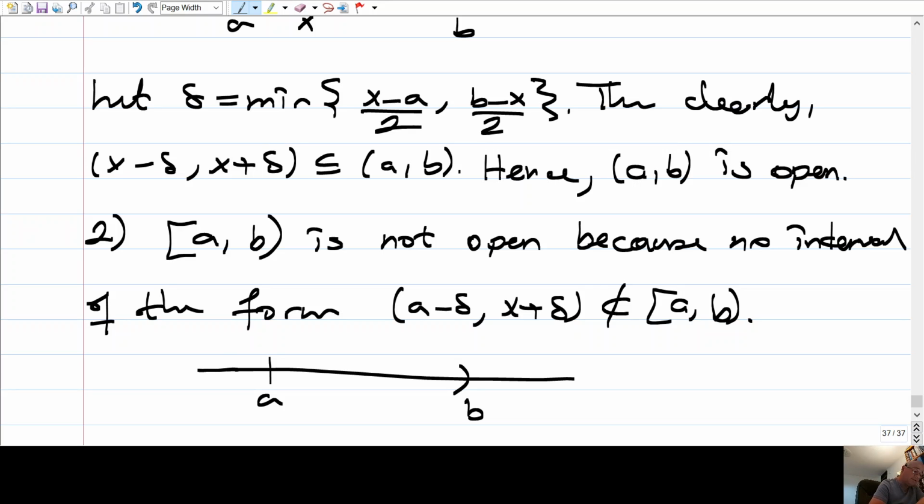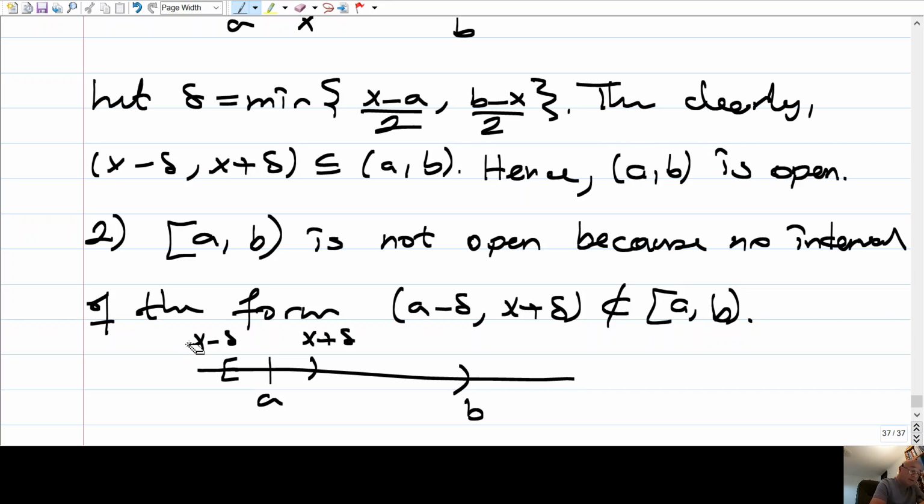If this is open, then about every element of this set, I should be able to find some delta interval that is contained in this subset. However, for any delta, an interval like this will never be contained in AB.